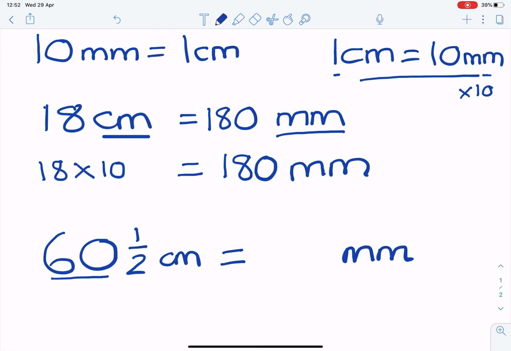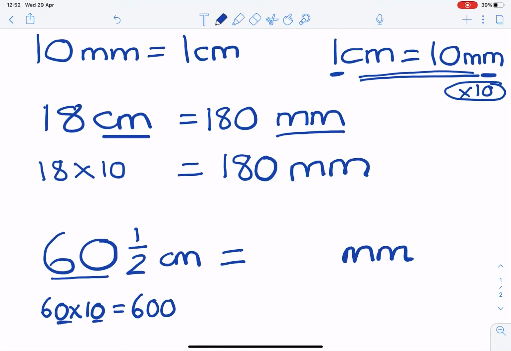Now let's go back up to our clue where we are changing centimeters into millimeters. This one here. In order to change a 1 into a 10, we need to times by 10. So 60 times by 10 is, cover your zeros, 6 times 1 is 6. You have 2 zeros to put back, 600 millimeters.